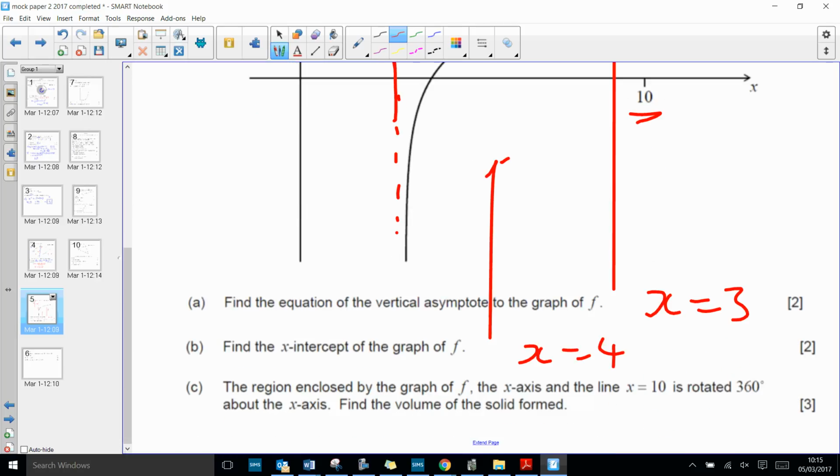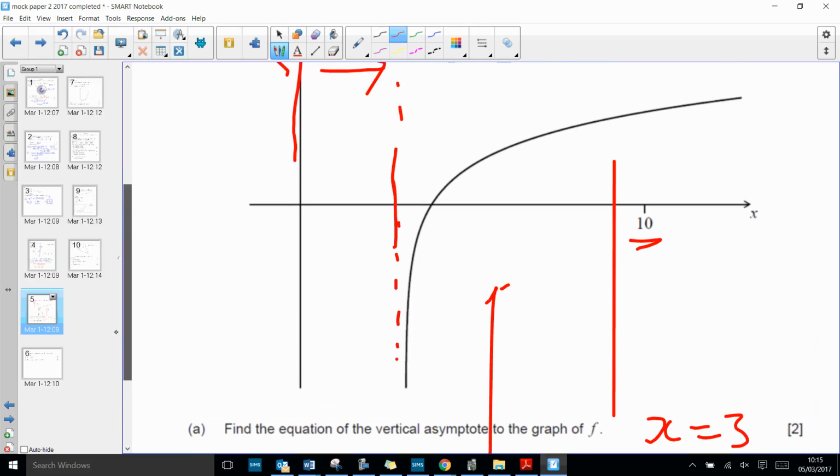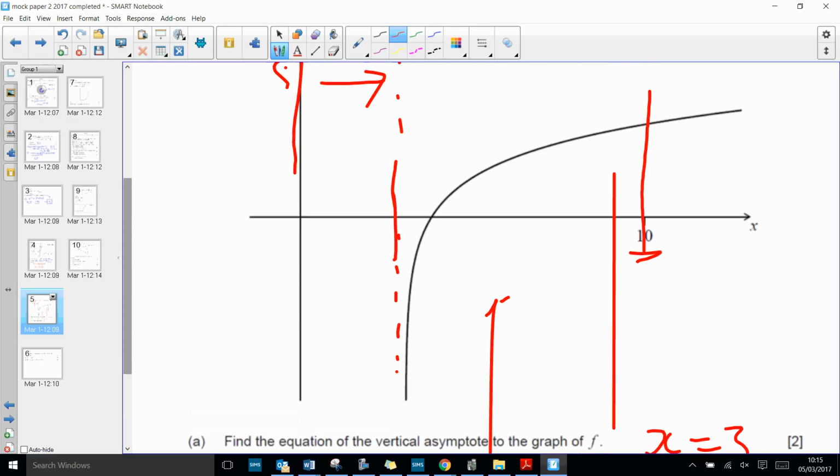The region enclosed with the x-axis and the line x equals 10, so it's volumes of revolution. Here, 4 is our lower bound, and we're rotating this part here.